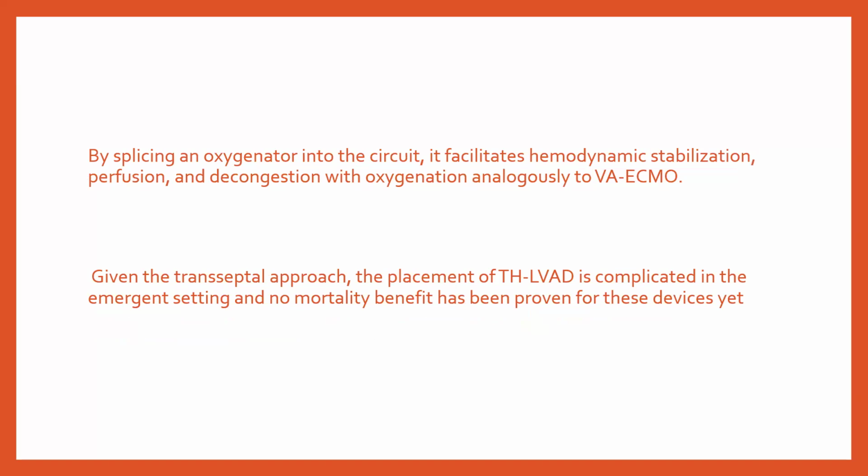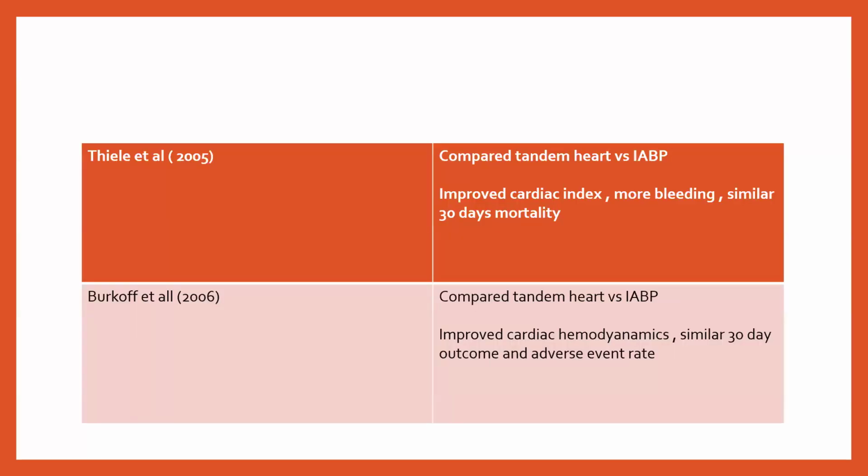By splicing an oxygenator into the circuit, it facilitates hemodynamic stabilization, perfusion, and decongestion with oxygenation, analogous to VA ECMO. Given the transseptal approach, the placement of TandemHeart is complicated in an emergency setting, and no mortality benefit has been proven for these devices.